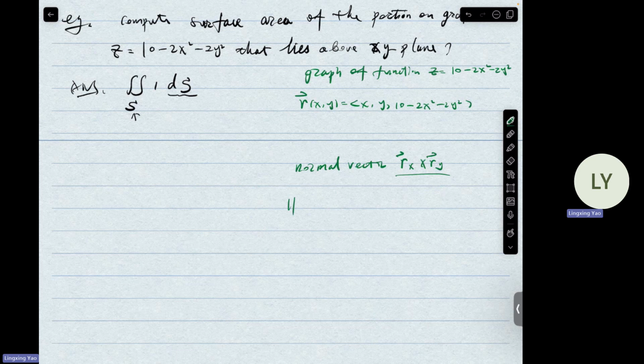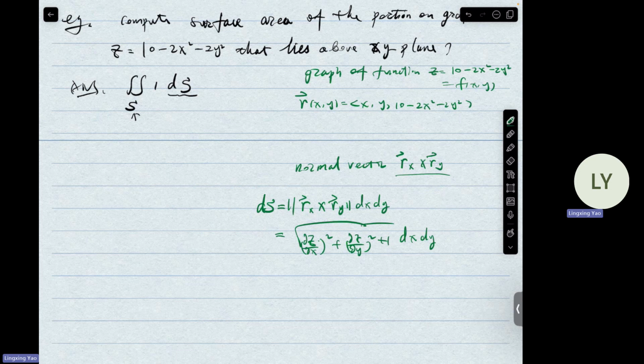What we really need is that the differential of the surface area is indeed the length of this normal vector times dx dy, and the length of the normal vector is already given. So if you say this is f of x, y, or if you just use the z variable, it is the square root of partial z partial x squared plus partial z partial y squared plus 1 times dx dy.